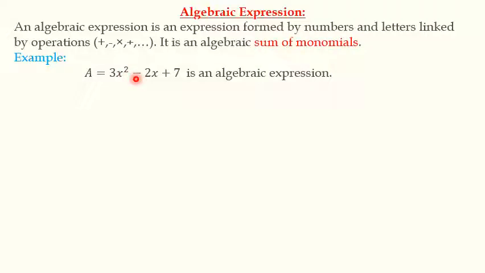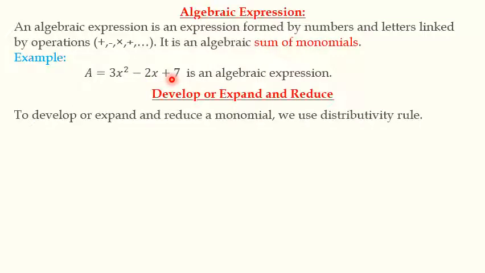We have minus 2x, again x is the variable and 2 is the coefficient, plus 7 is the constant, a known number. This is an algebraic expression. It's formed by numbers 3, 2, and 7, letters x, and operations, subtraction and addition in this case.